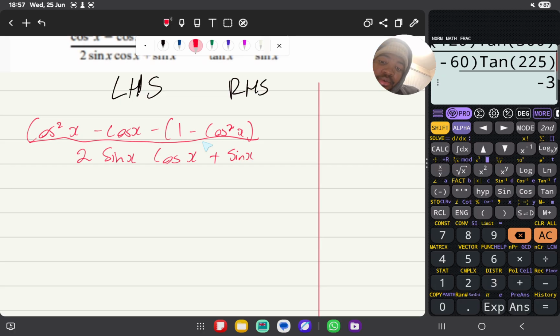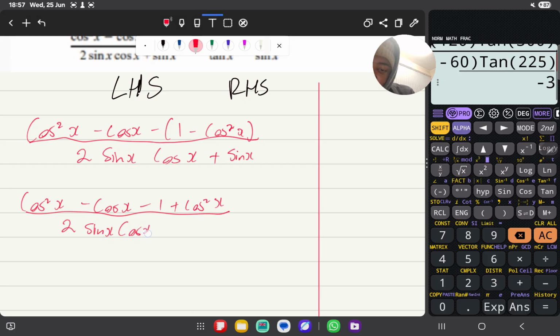So now we just distribute the negative. You have cos squared x minus cos x minus 1 plus cos squared x. And then here, 2 sin x cos x.